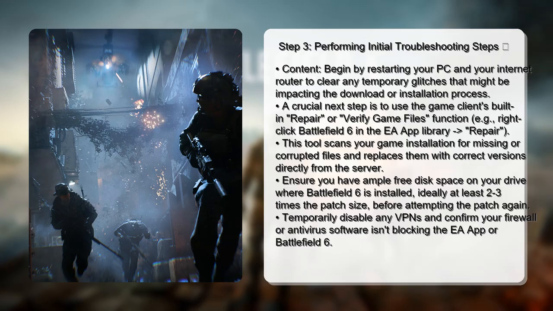This tool scans your game installation for missing or corrupted files and replaces them with correct versions directly from the server. Ensure you have ample free disk space on the drive where Battlefield is installed, ideally at least two times the patch size, before attempting the patch again. Temporarily disable any overlays and confirm your firewall or antivirus software isn't blocking the app or Battlefield.